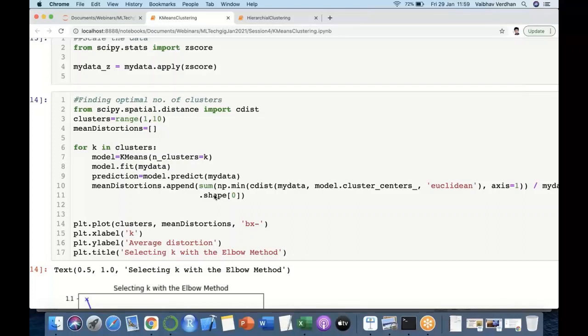What is a distortion in my dataset based on my centroids, and I want to use Euclidean distance as my distance measurement metric. Till this step over here, my clustering is done. Exact clustering is over here. So KMeans is this method, right? This method is performing that clustering for me.